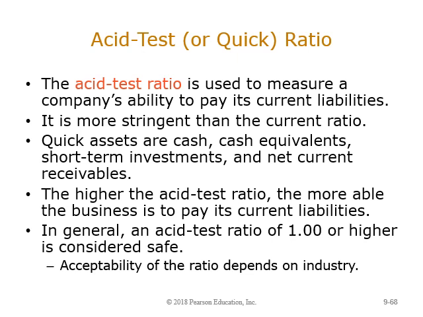So anything that we can convert to cash within a relatively quick time period. The higher the acid test ratio, the more able the business is to pay its current liabilities. In general, an acid test ratio of 1.0 or higher is considered safe. Anything below 1.0, and we're getting into some dangerous territory, because that would mean that we wouldn't have enough cash to cover the liabilities that we currently have.